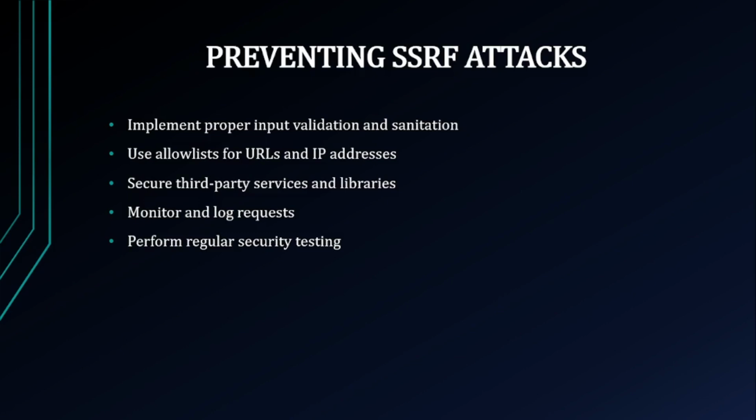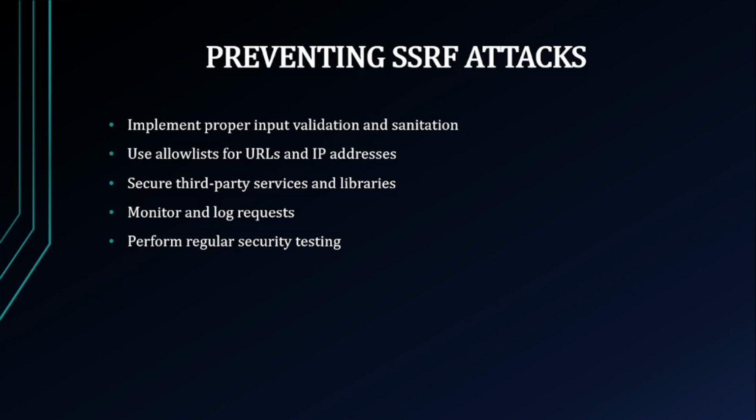Second, use allow lists for URLs and IP addresses. It restricts the range of allowed URLs and IP addresses to minimize the attack surface and prevent unauthorized access to internal resources.